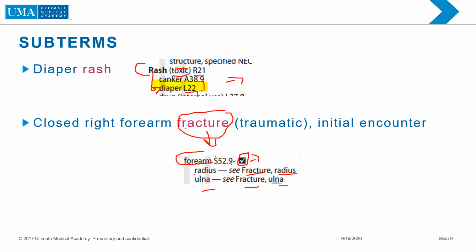We only want the forearm fracture if both of these bones are broken. If both bones are not broken and one is individually broken, you would refer in the alphabetic index to the correct area: fractured radius or fractured ulna.